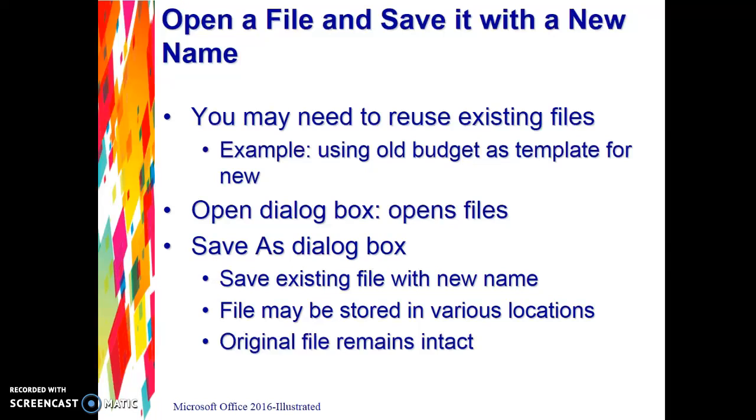When you open that dialog box, you might call it New Budget. Then save that existing file, go in and continue to work on it, and when you're done, you can save it. So you have the old file intact, and you also have the new file that you made edits to.